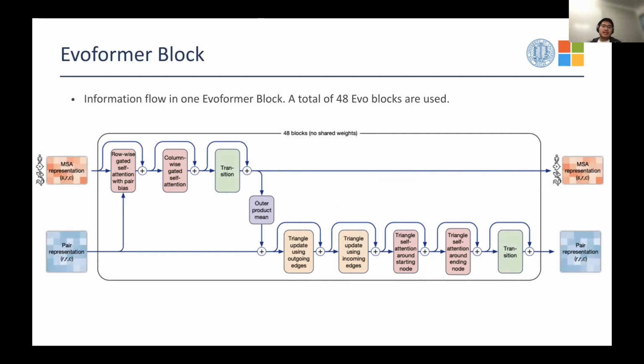Note that those two channels are different in dimension, I believe. And every block of the Evoformer has 8 sub-blocks. The important module we are going to introduce today is called row-wise gated self-attention with pair bias.